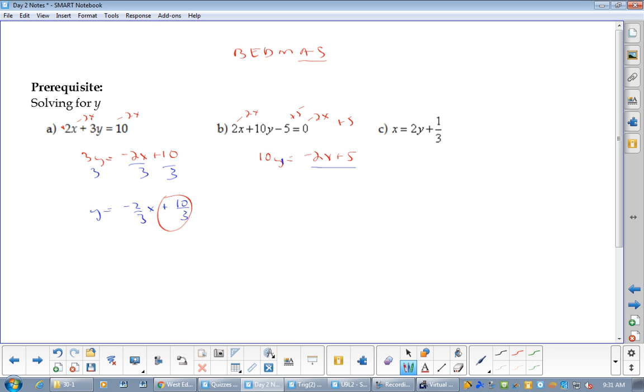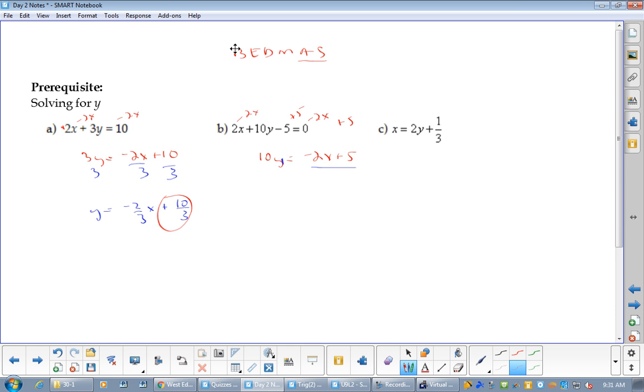My question is why can't I just add negative 2x plus 5 and get 3x? They're not like terms. X's can only be added to X's, Y's to Y's, ABC's to ABC's, right? So that's why you can't get that together.